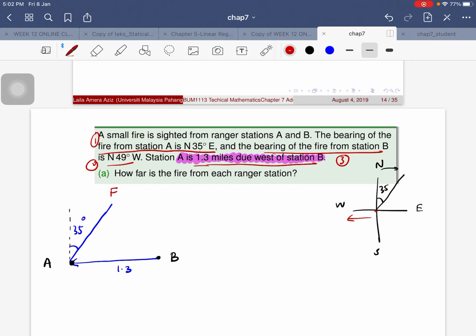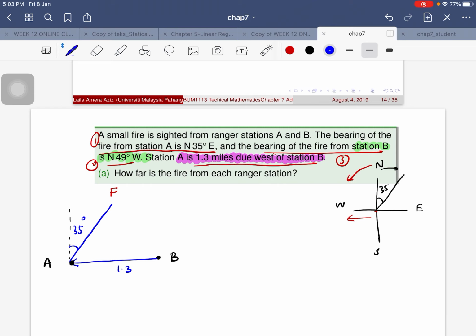And the last information says the fire from station B, so it's this one, from station B, the fire is north 49 degrees west. Where is north 49 degrees west? So this is our north, and moving towards the west, it's going to be on the left.